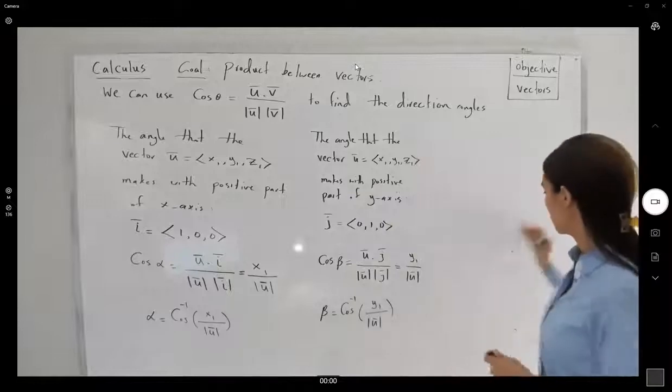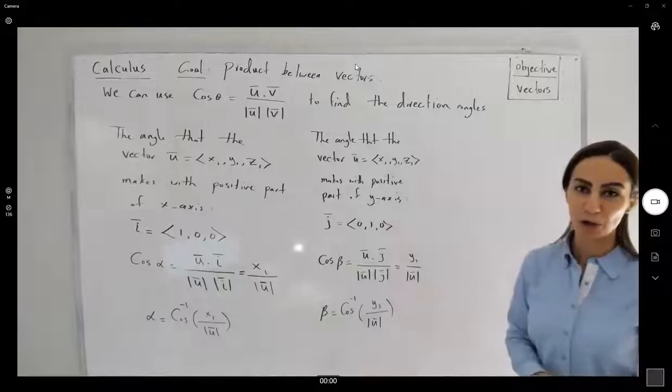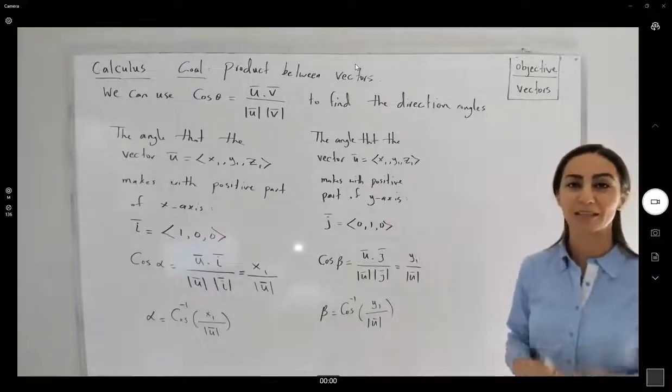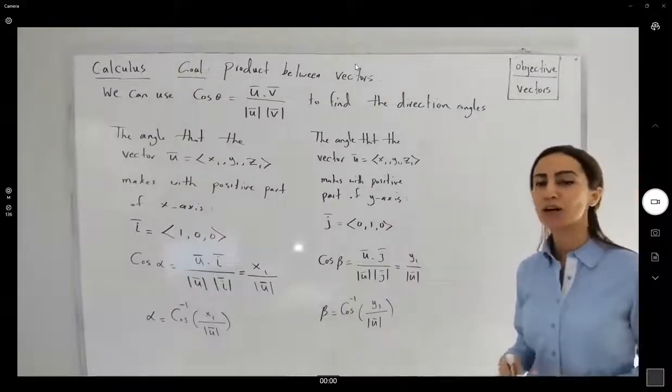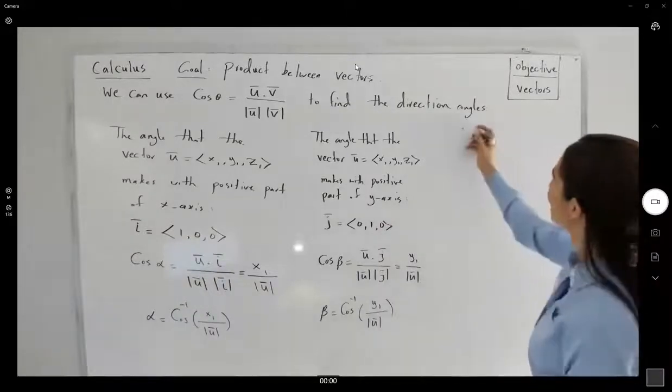We're following the same process to find the third angle, angle gamma, which is the angle that a random vector like u creates with the positive part of the z-axis.